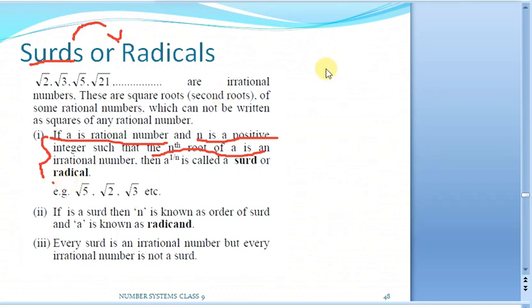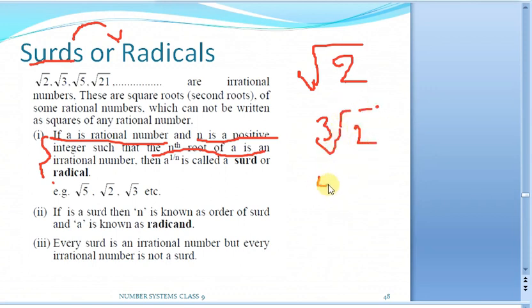Suppose there is any number, let us say a number like 2. You take the nth root, that means you take the second root, third root, fourth root, let us say. So this is the square root. Suppose you take the cube root of 2, you take the fourth root of 2, like this. Here basically there has to be a number inside and you have to take the nth root of that number.